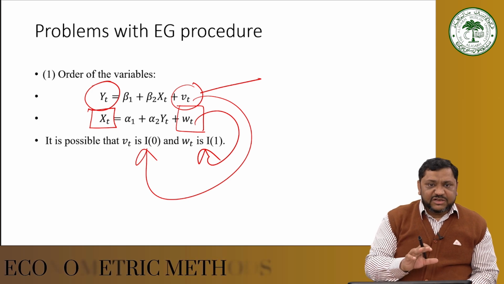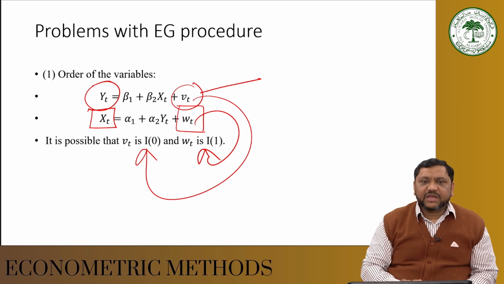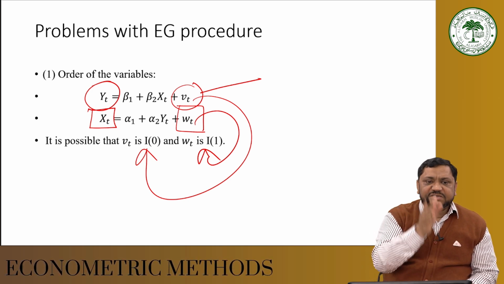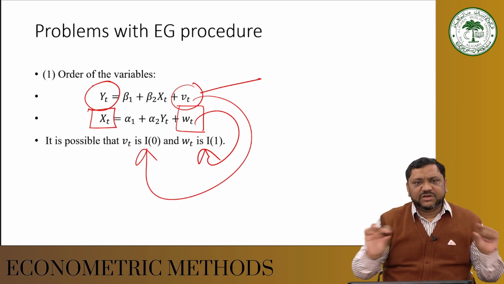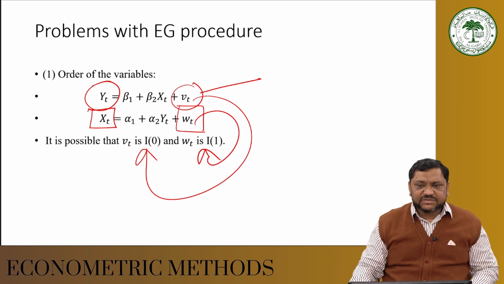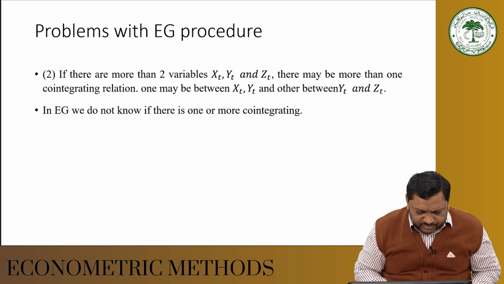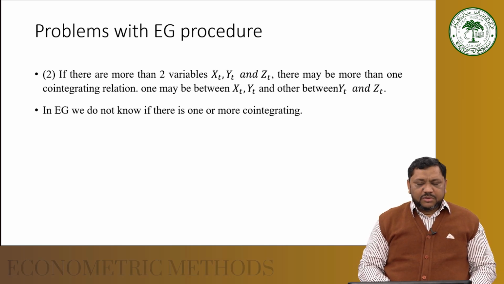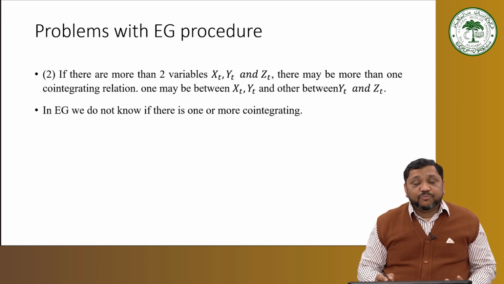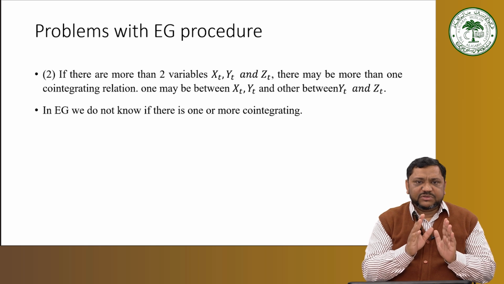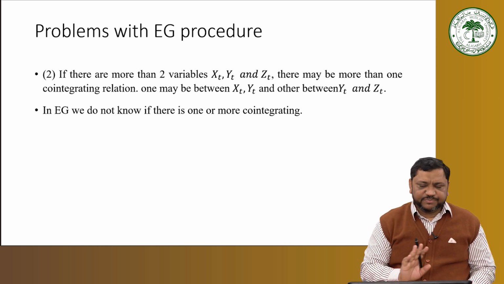So Engle Granger was a path-breaking, innovative thing, but it has its limitations. It is a single equation framework, but still it has its own limitations. Second, if there are two variables, there will be one cointegrating relationship, agreed.